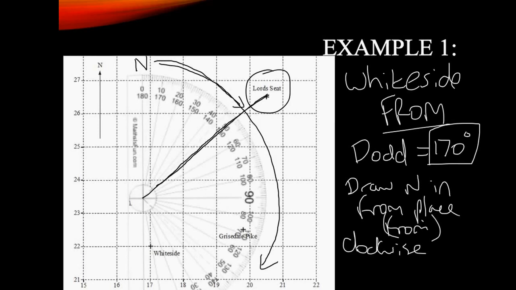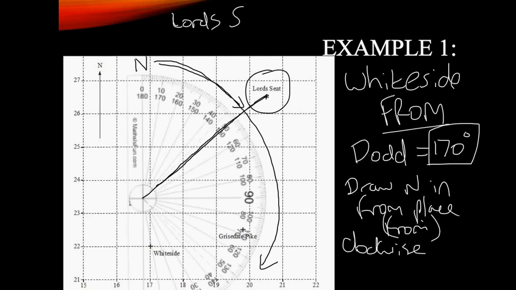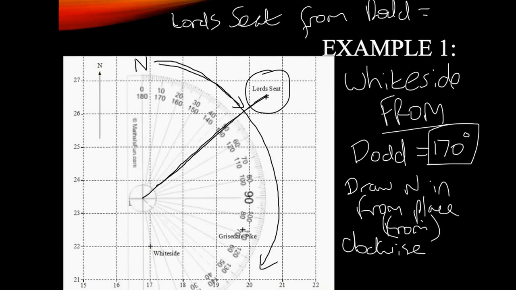I've not had to move my protractor at all. We can see this is 50 degrees. So what you might be thinking is that Lord's Seat from Dodd is 50 degrees, but actually we write a bearing as 3 digits, so we'd say 050 degrees.